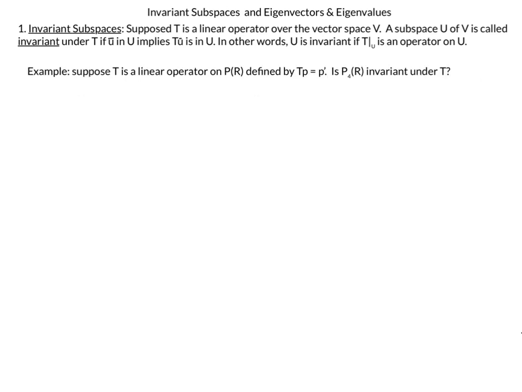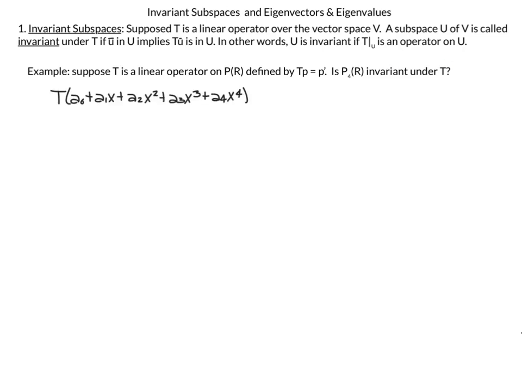Oh, I have one more example of an invariant subspace. Suppose T is the linear operator on the space of polynomials defined by T of a polynomial is equal to the first derivative of that polynomial. So is P4, the space of polynomials of degree 4 or less, invariant under T?